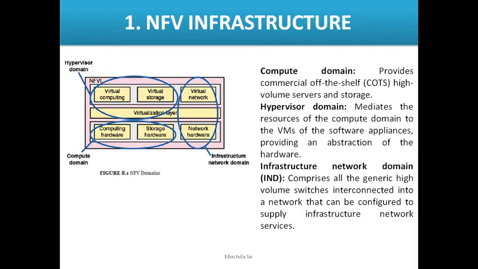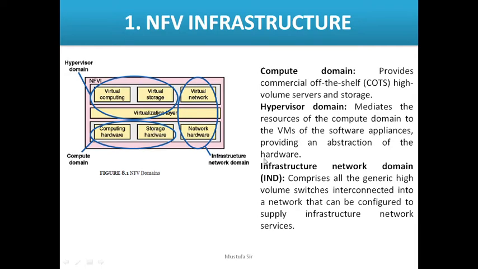The NFVI encompasses three domains, as illustrated here. The first is the compute domain, which provides commercial off-the-shelf high volume servers and storage, that means servers and storage for computing purposes. Second is the hypervisor domain, which mediates the resources of the compute domain to the virtual machines, meaning this domain is responsible for bringing the hardware into the virtual world.